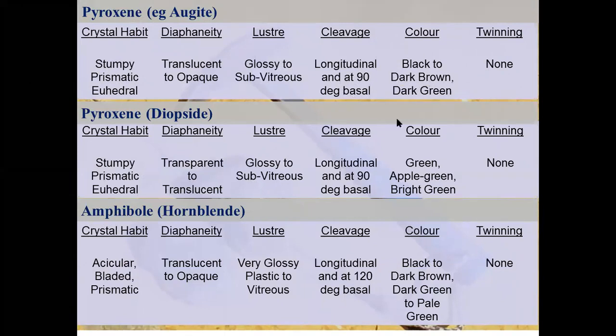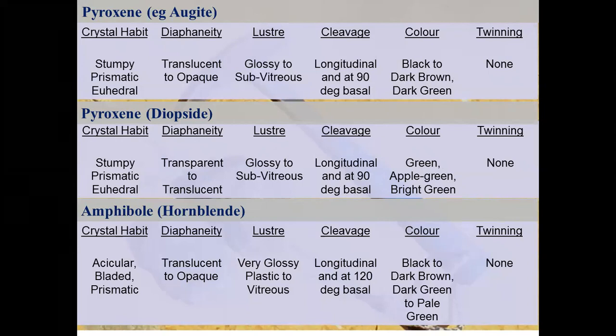I'll summarize those in a moment. We also looked at the other pyroxene, diopside, another relatively common pyroxene, but quite different because it's green. That was the giveaway for that pyroxene. But again, it would have had this longitudinal cleavage, and again the stumpy prismatic crystals.